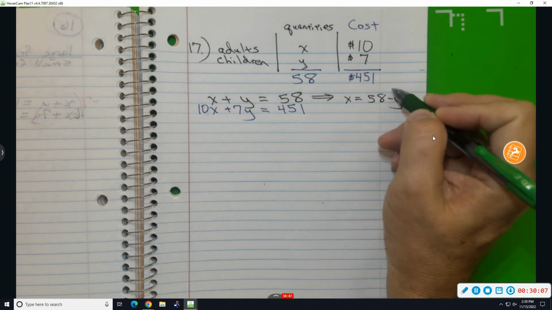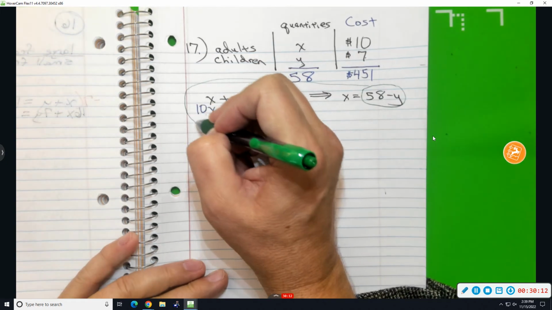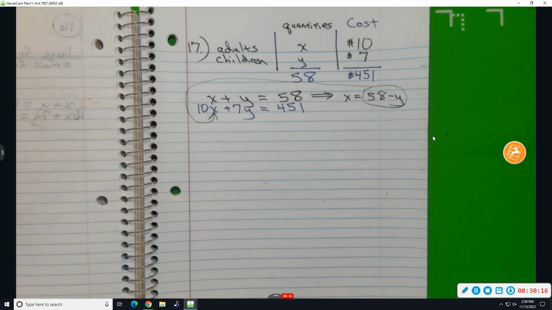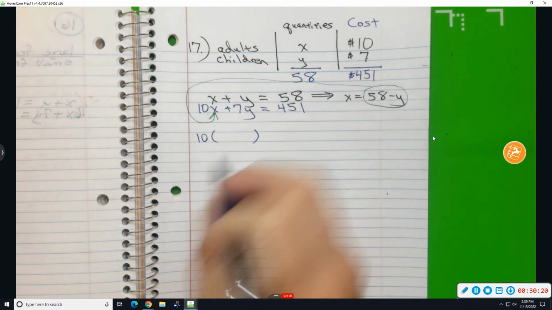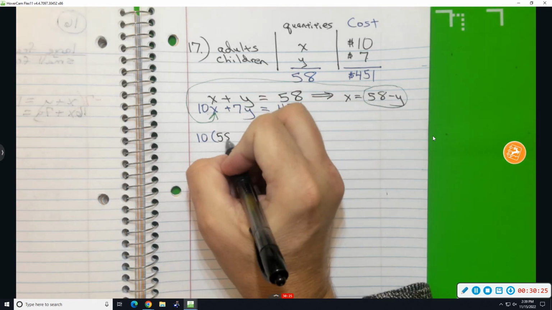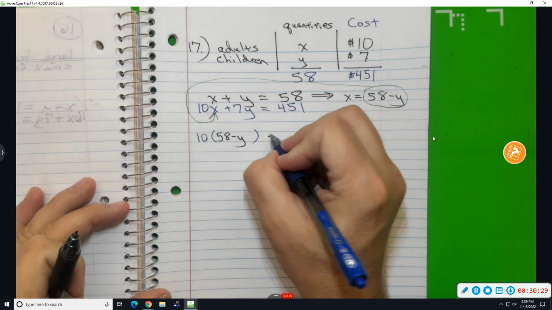We're going to take that 58 minus Y and substitute it into the second equation. So we have 10 times 58 minus Y, plus 7Y equals 451.